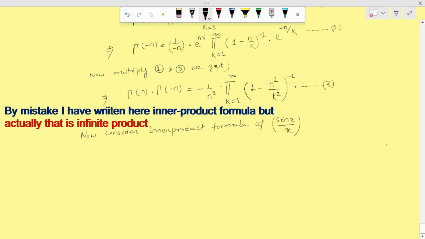What will be the value? The value of this sin x by x is nothing but, here I am going to write, by considering the infinite product, sin x by x is nothing but equal to how much?